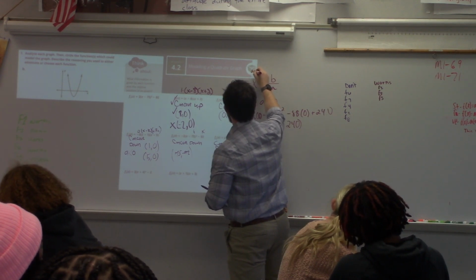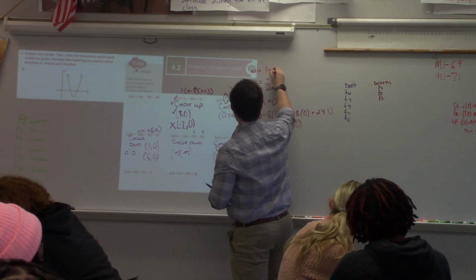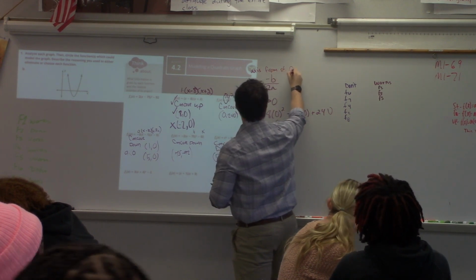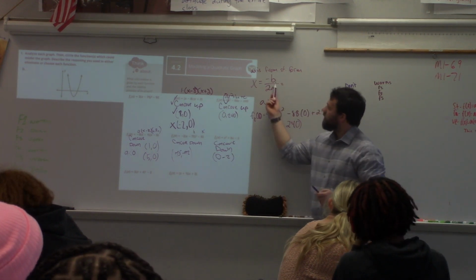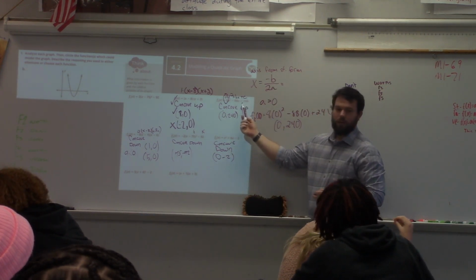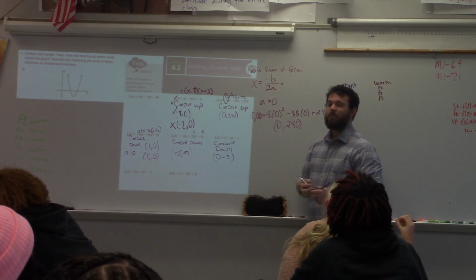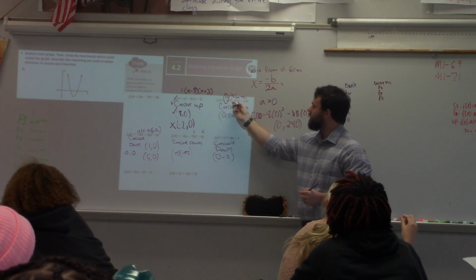Remember, this is that axis of symmetry from standard form. I would check this. It's going to help. So what is b? Huh? 88? Close. Remember how it's plus b, so I need to keep the sign the same.